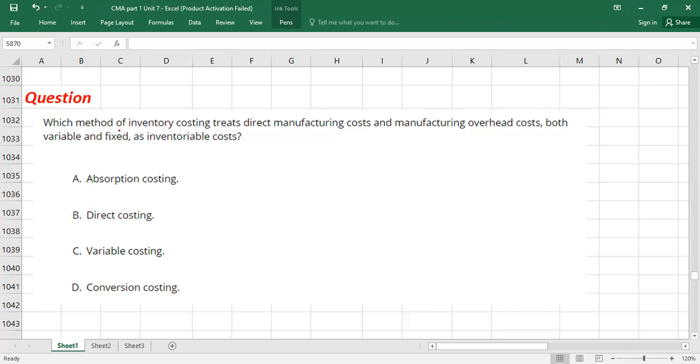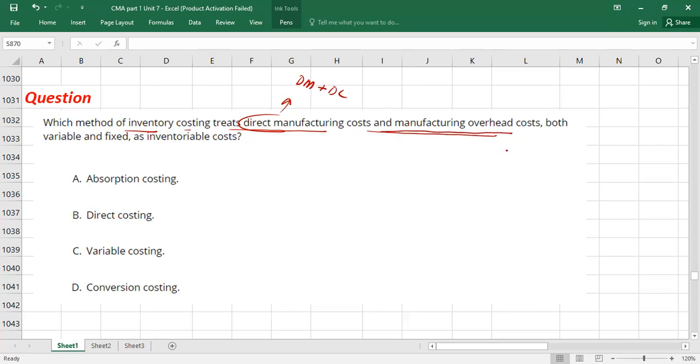Even absorption costing we didn't discuss, but I gave you a basic idea of what will be the product cost and what will be the period cost, right or wrong? Which method of inventory costing treats direct manufacturing cost and manufacturing overhead cost, direct manufacturing meaning direct material plus direct labor, and manufacturing overhead cost?